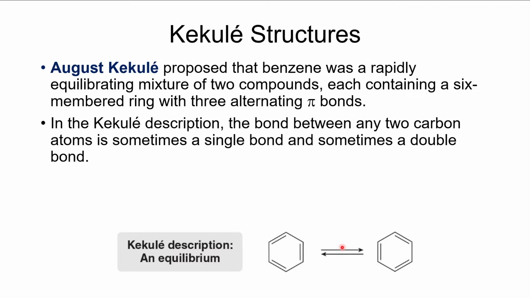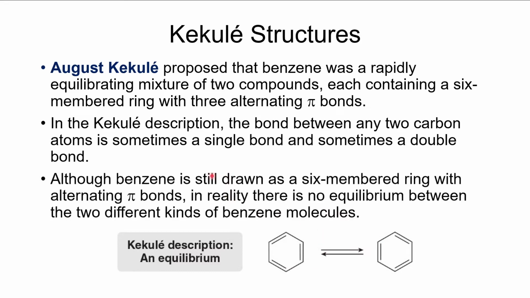Now, keep in mind, he didn't have resonance structures. Resonance structures are a relatively new invention. They're a 20th century invention. So he didn't have the ability to think of it that way. So this was insightful, but it's not quite right. Benzene, we still draw it like this. And in fact, if instead of putting the double arrows, we put a double-headed arrow, then it's the correct representation of the 2 resonance structures.